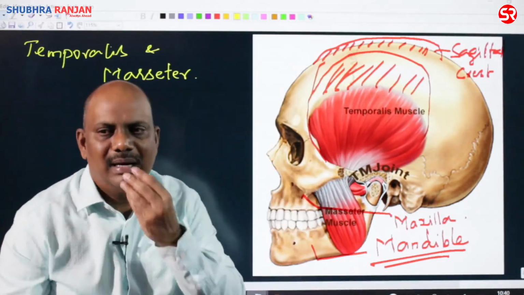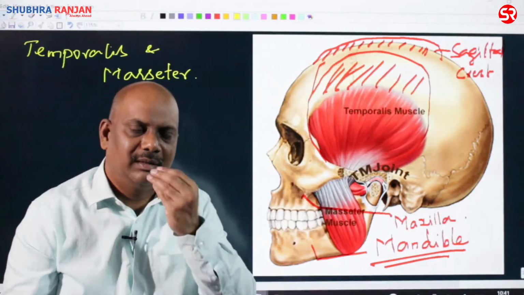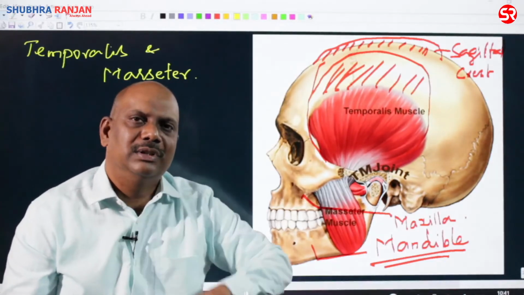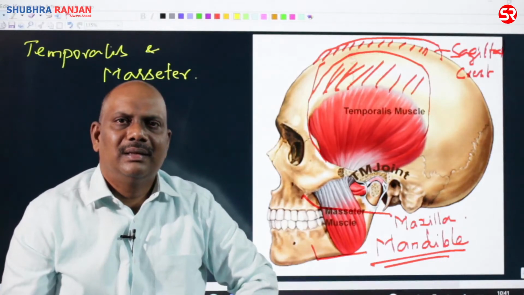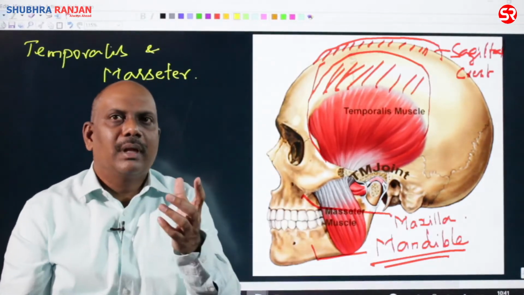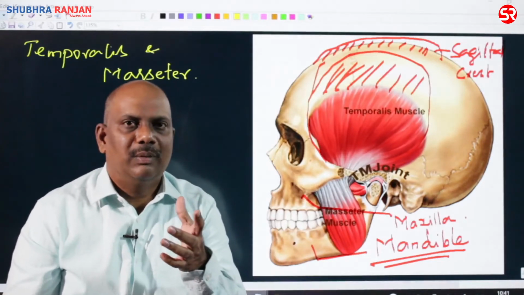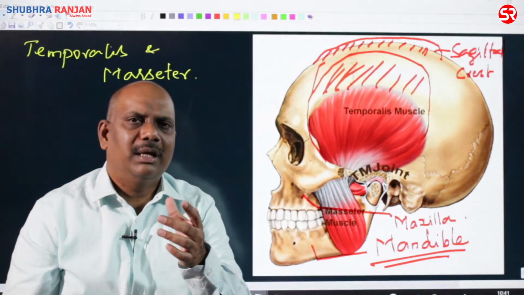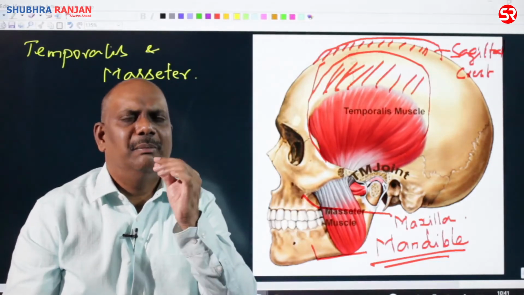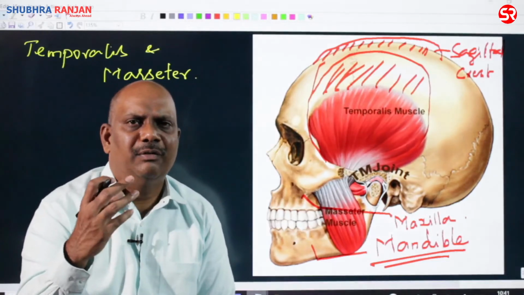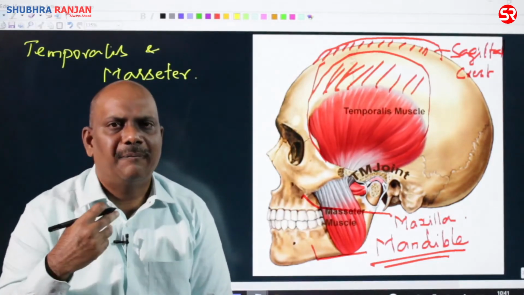Now hardly do we bite anything and eat. Most of the food we eat, if you keep it in our mouth, it just goes inside. Can you tell me something which we need to bite and chew? Sometimes there are a few roti items made out of maida, and if they become cold, they will be spongy, and that we need to bite, chew and eat. Apart from that, hardly do we have any food which we bite, chew and eat now.